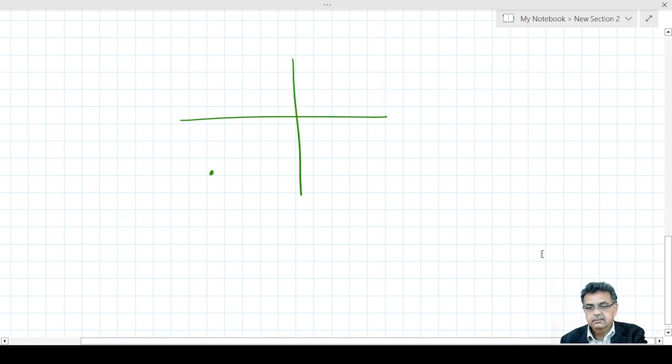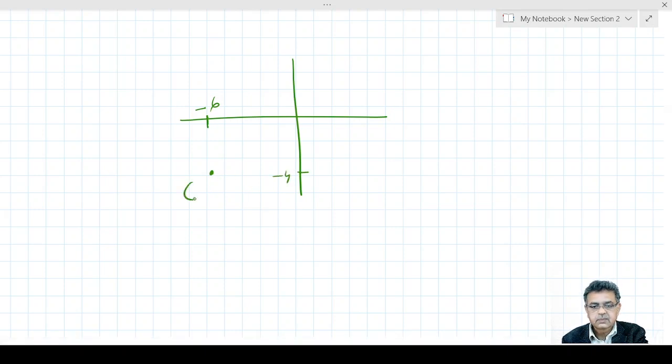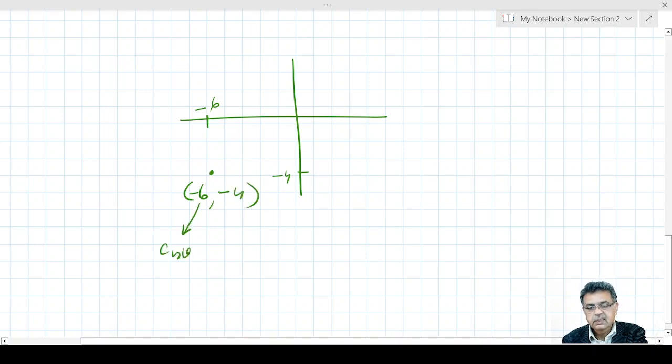So this is, let's say, -6 and this is -4. This point is (-6, -4). Now x coordinate negative means cos theta is negative and sin theta is negative.